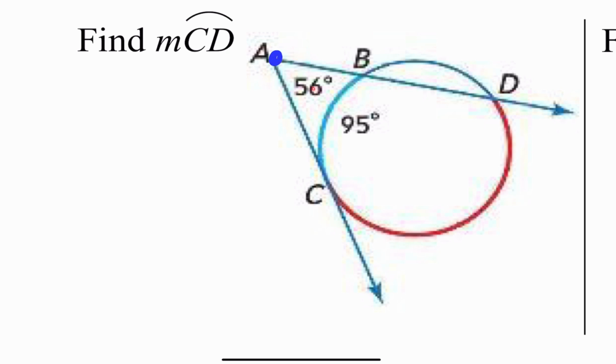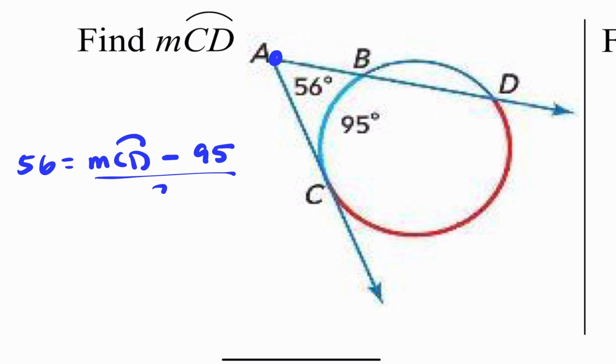So that 56 is referring to the angle. This 95 is referring to this arc here. And this, the measure of arc CD, is what we're trying to figure out. So here is my angle. So it's the angle, 56, equals the big arc. So let's go ahead and say the measure of arc CD minus the smaller arc, which is 95, all over 2.